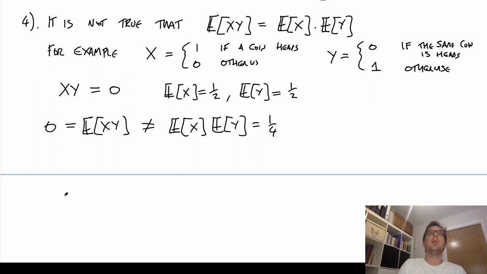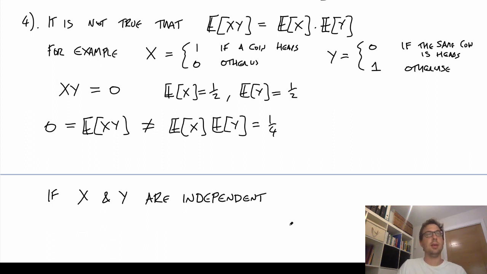Okay, so why is it true when x and y are independent? So if x and y are independent, okay, well, let's have a look.